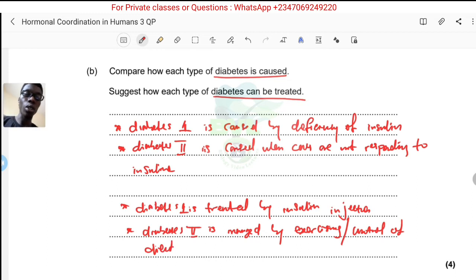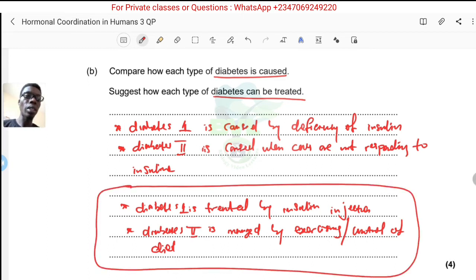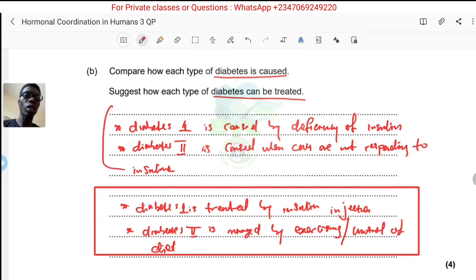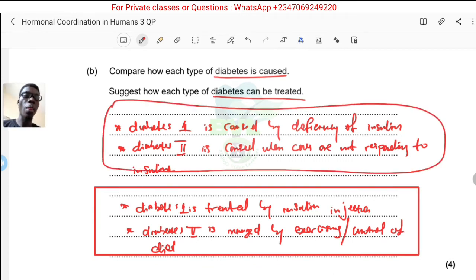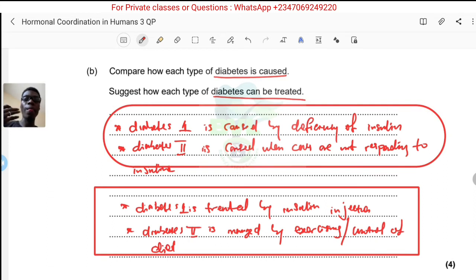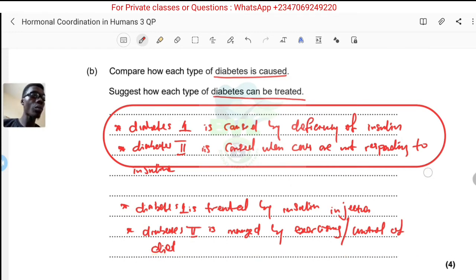They are often told not to eat much sugary things anymore, or just find a way to reduce food that can lead to an increase in sugar level. So this talks about the treatment, while this talks about how it is caused, or what leads to the types of diabetes. All right, hope that is duly noted.